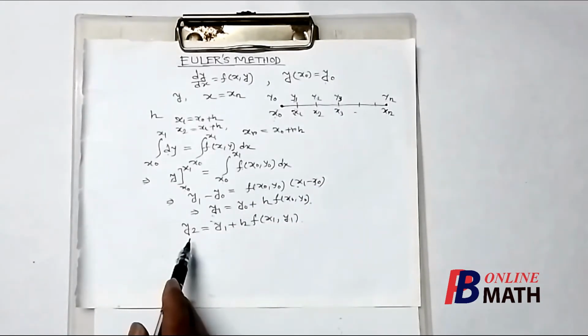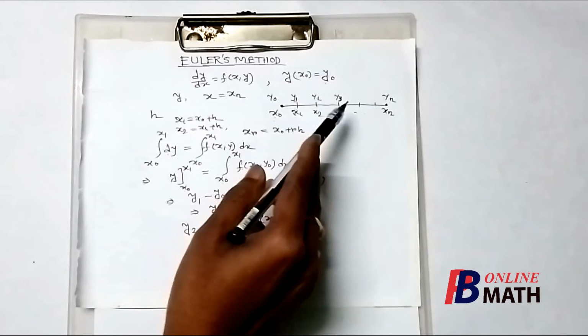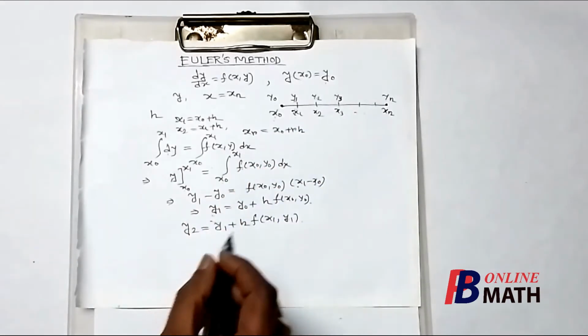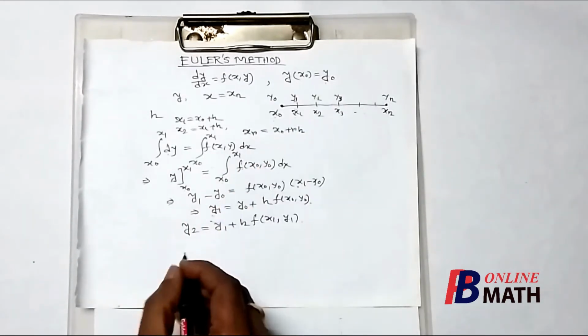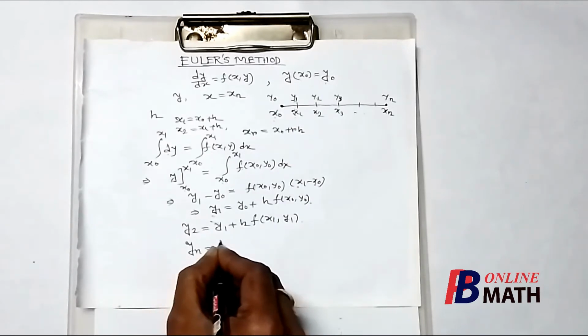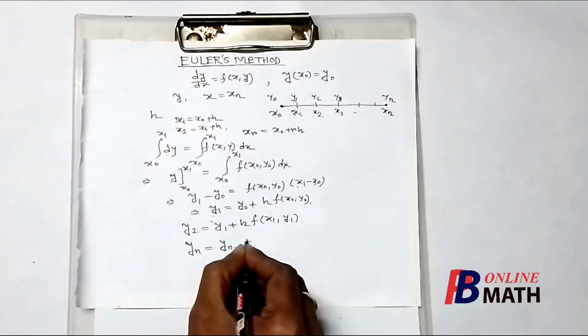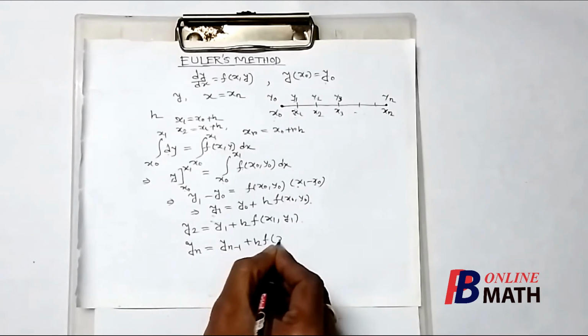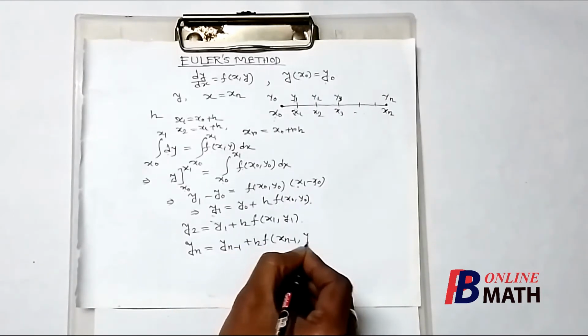Now once y2 is obtained, we can easily find y3, y4, y5, etc. So ultimately we shall get yn. So yn will be equal to yn minus 1 plus h into f(xn minus 1, yn minus 1).